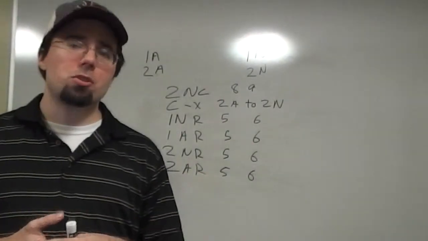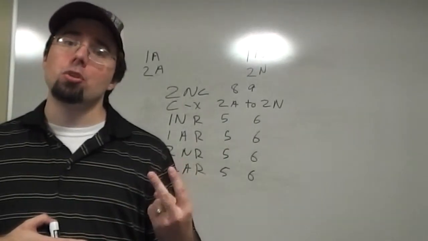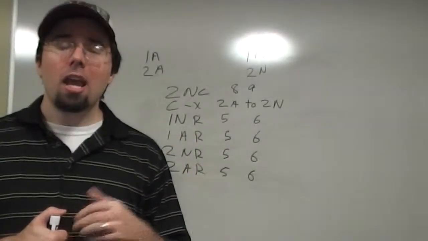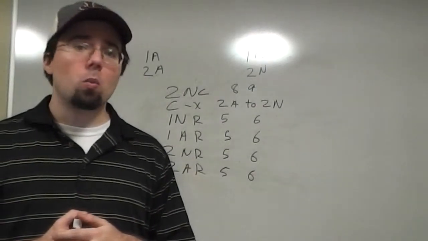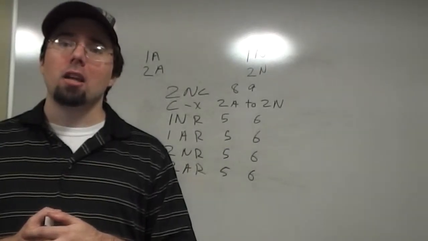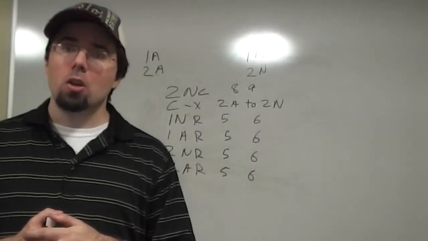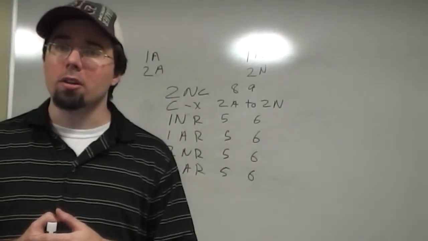Now you'll remember the big things from this video are that a debate round has two two-person teams, a first negative who gives the 1NC and the 1NR. There is a second negative who gives the 2NC and the 2NR.